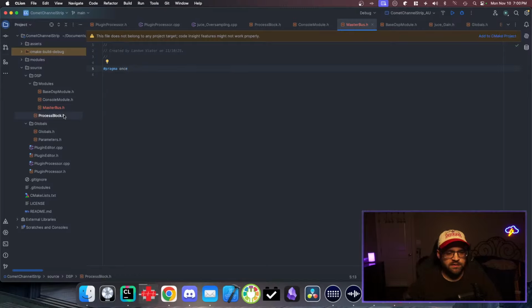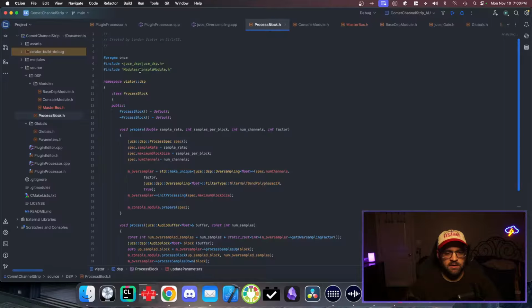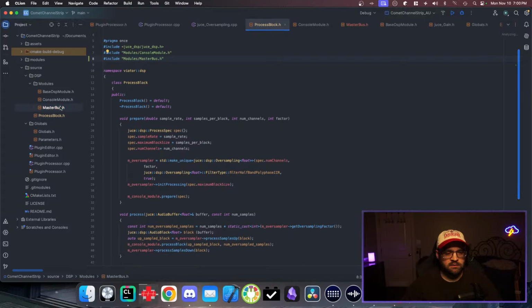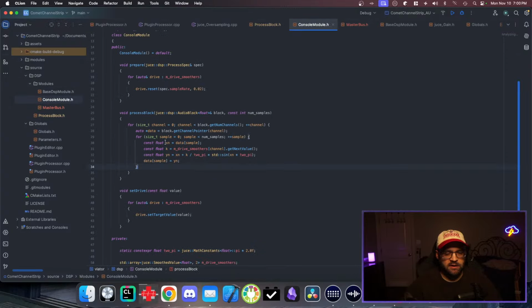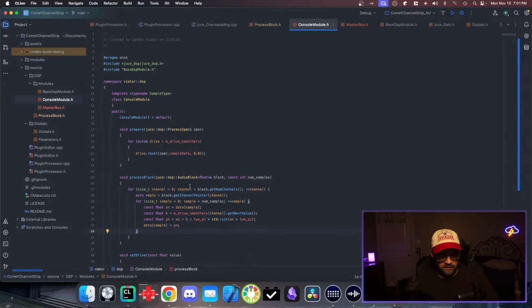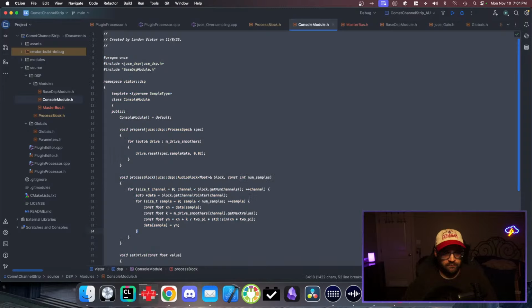And let's go into the process block and include that. Master bus. All right, and let's see. We're basically going to copy this. I don't really think we need this base module thing, but I'm going to leave it in there.